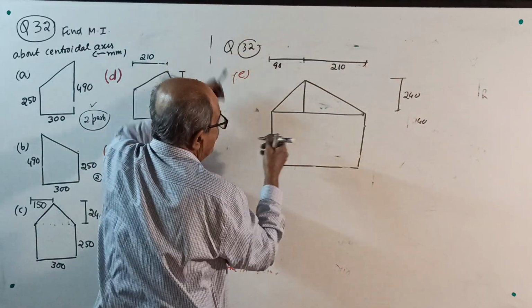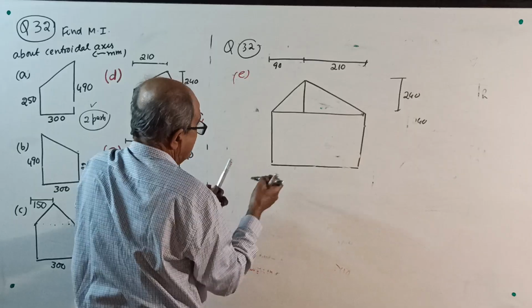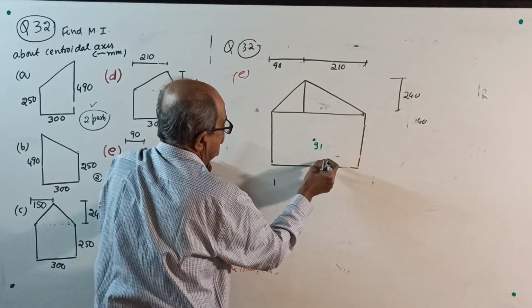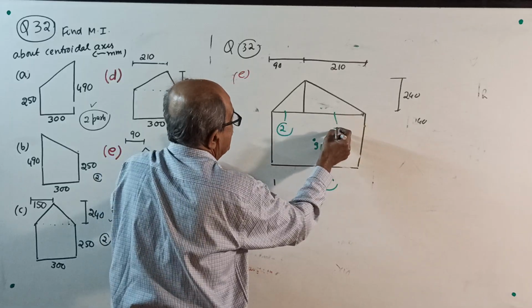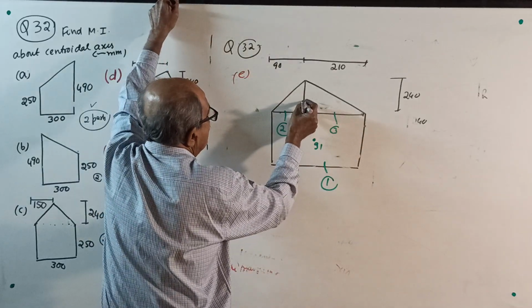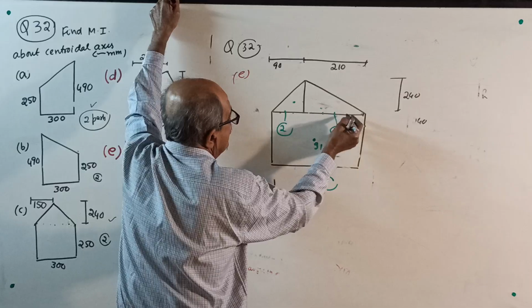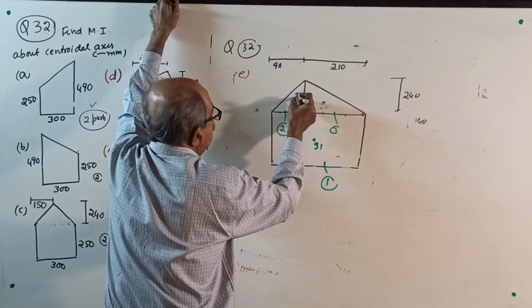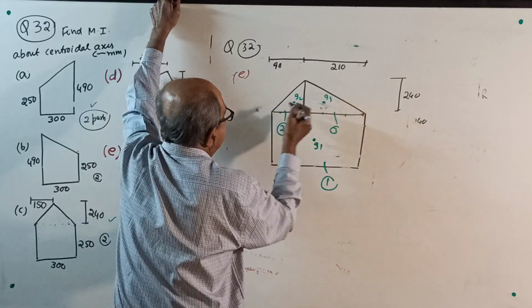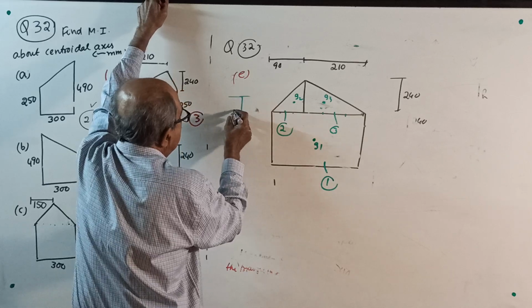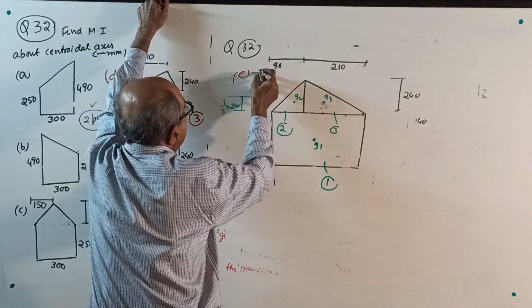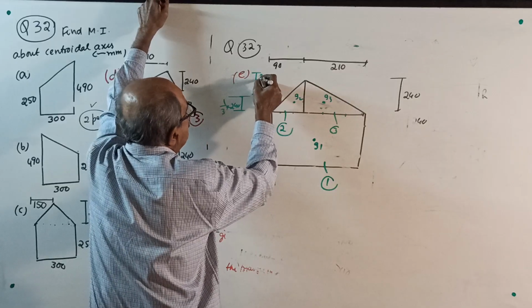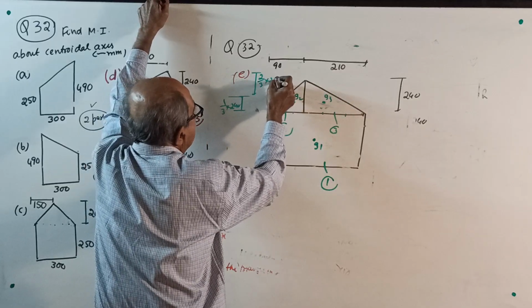So G1 no problem. Rectangle don't worry. We'll see later. Rectangle G1. This is our part 1. This I will take part 2. This I will take part 3. See. G2, G3. For both of them, this is 1/3 of 240. This is 2/3 of 240.